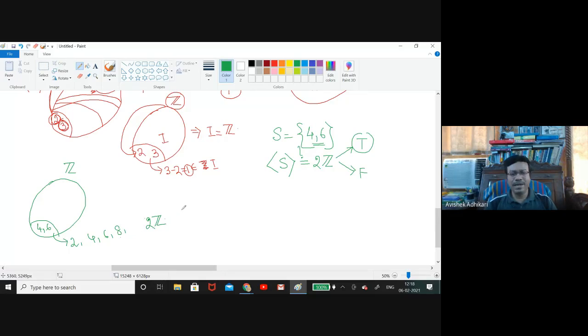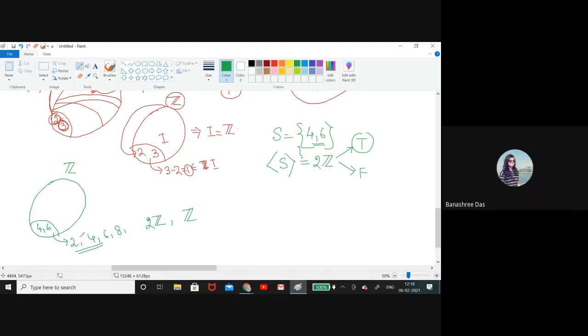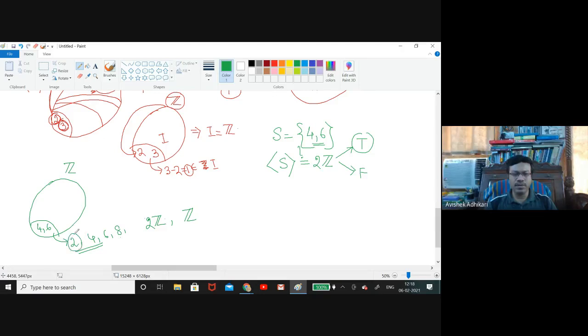Now Z will also have the property which contains all of them, but any ideal which is a subset of 2Z will not have this property because they are going to miss 2. If you consider any proper subset of 2Z, then that will certainly miss 2.